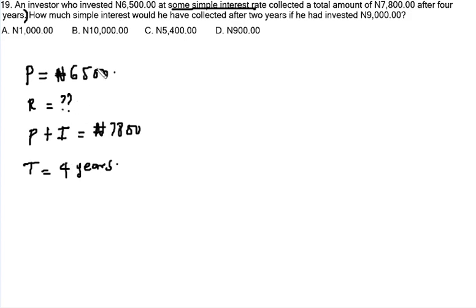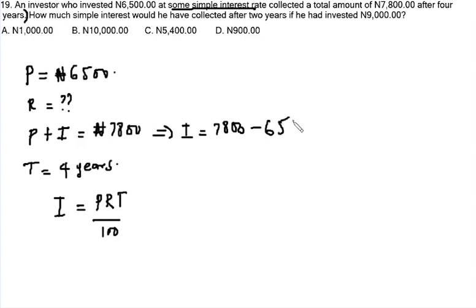For the first part of the question, the formula relating principal, time, and rate is I is equal to PRT over 100. Okay, so we do not know our I exactly, but we know our P. So this implies that I is equal to 7,800 minus 6,500, which is equal to 1,300. So to solve for R, R is equal to 100I divided by PT.